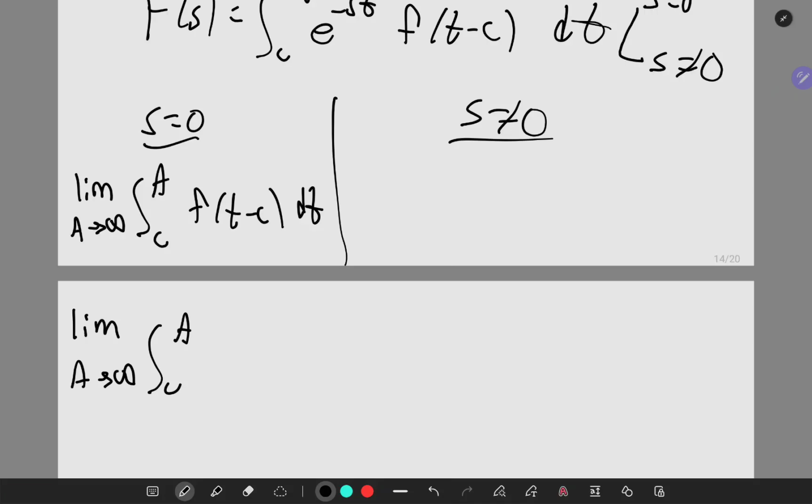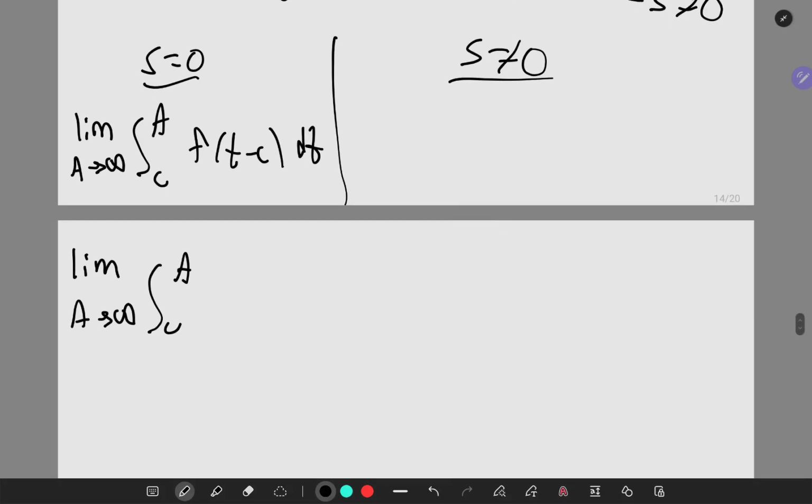Obviously, we can't really integrate this, right? You can kind of think of it like, no, you can't really integrate this.